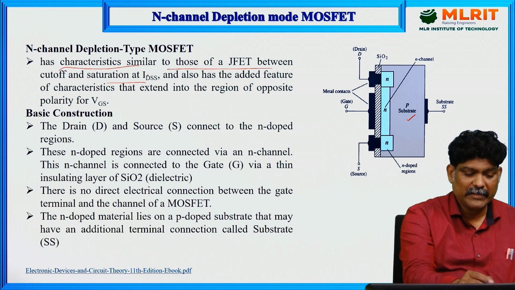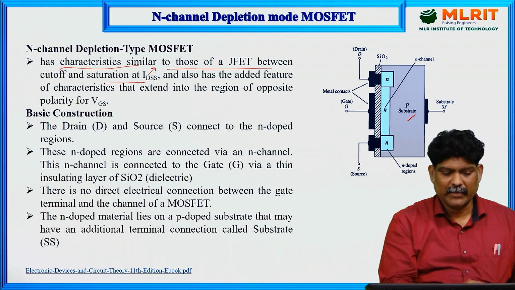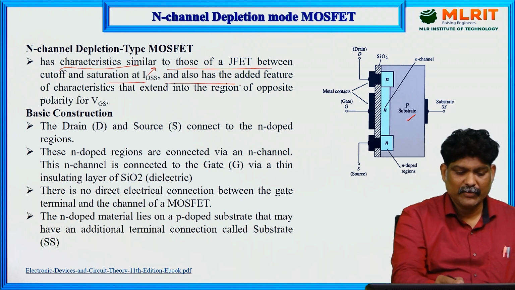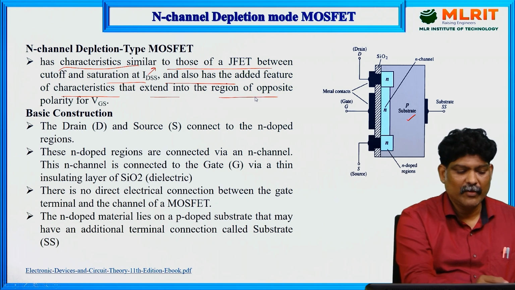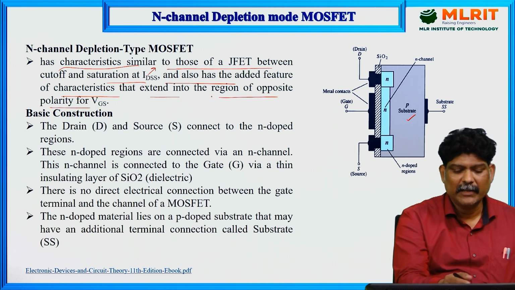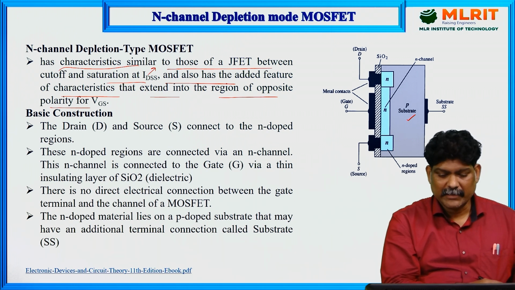What is IDSS? It is the drain to source current when the gate is shorted, or you can say the saturated drain current. It also has the added feature of characteristics that extend into the region of opposite polarity for VGS, which we will understand when we discuss the characteristics of MOSFET.